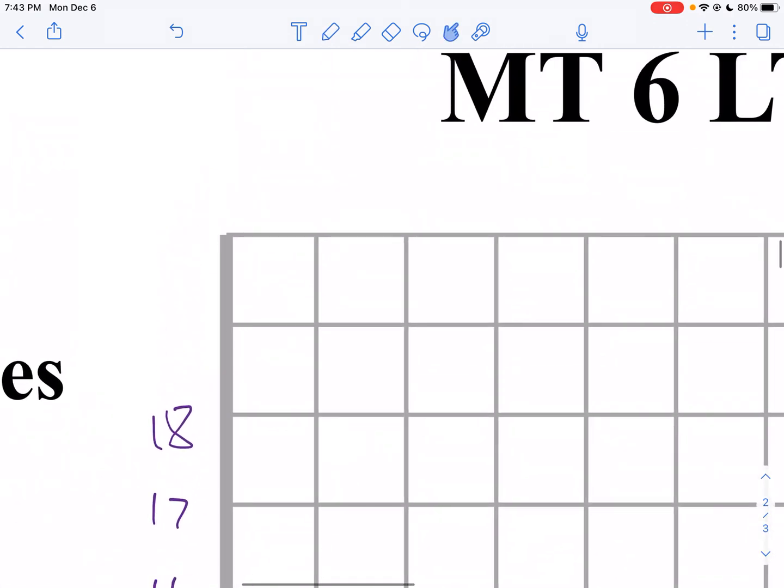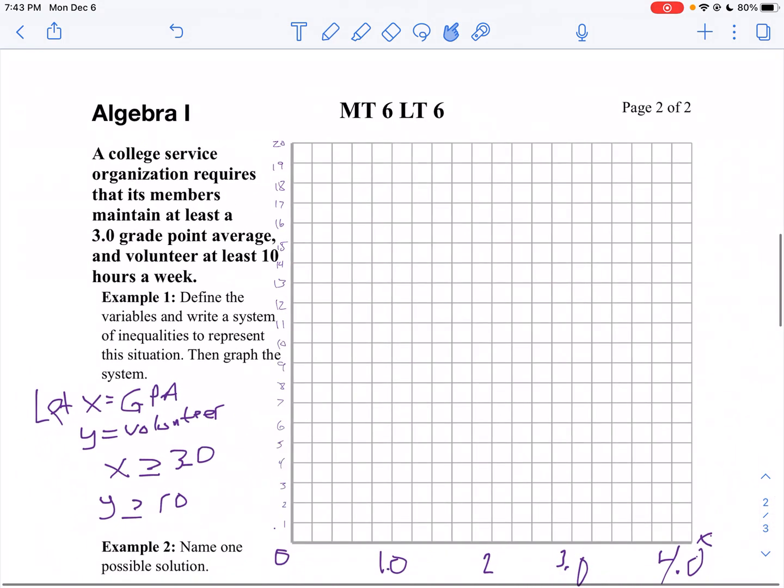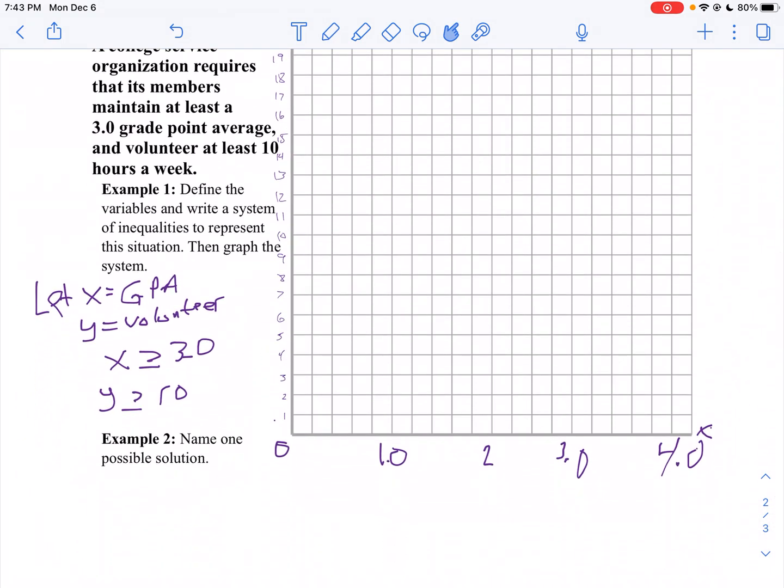Hopefully you're fast forwarding through this. This is kind of boring. 19 and 20. Okay, so now let's graph x is greater than or equal to 3.0.